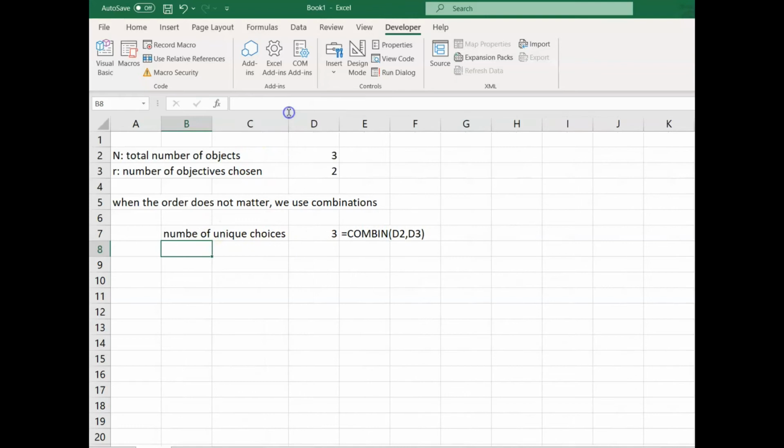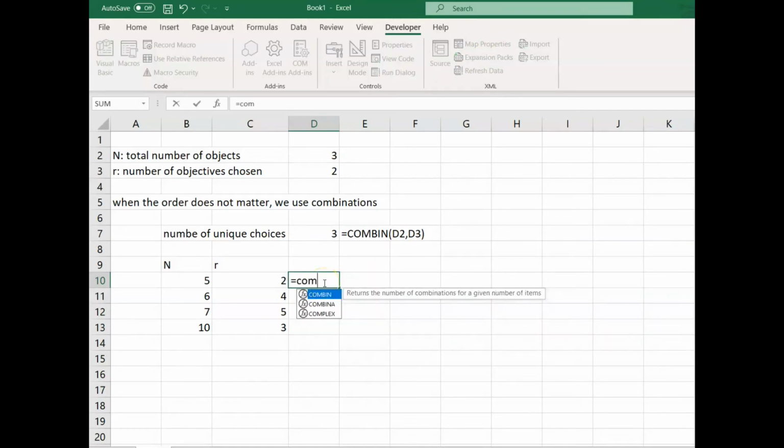Okay, so let's choose a set of n and r. Remember, n is the total objects. r is how many we plan to choose from these n different objects. So 2 out of 5, 4 out of 6. Let's look at the first one. We just apply equal COMBIN.